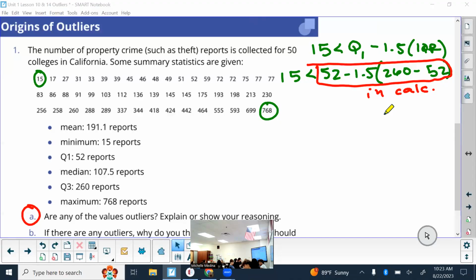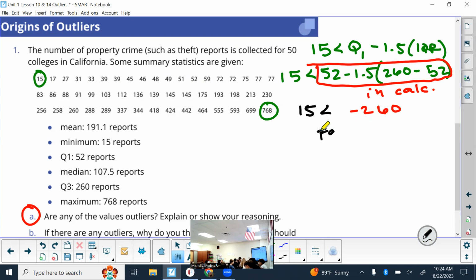Is the 15 an outlier? Yes or no? Tell me all at the same time. 1, 2, 3. No, it is not an outlier. Because when I put what I boxed in the red in the calculator, I got negative 260. Is 15 less than negative 260?